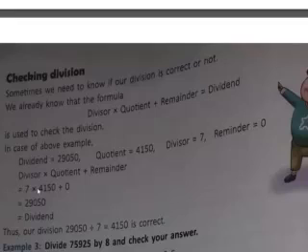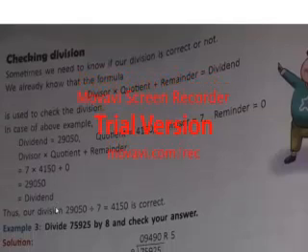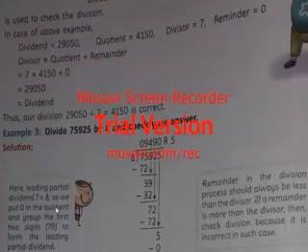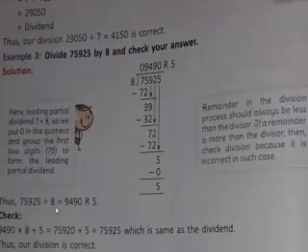Now in the multiplication, 7 0s are 0 and 7 5s are 35, carry 3, 7 1s are 7 and 3 is 10, 0 carry 1, 7 4s are 28 and 1 is 29, so it becomes 29,050, that is the dividend. Thus our division of 29,050 by 7 giving 4,150 is correct.